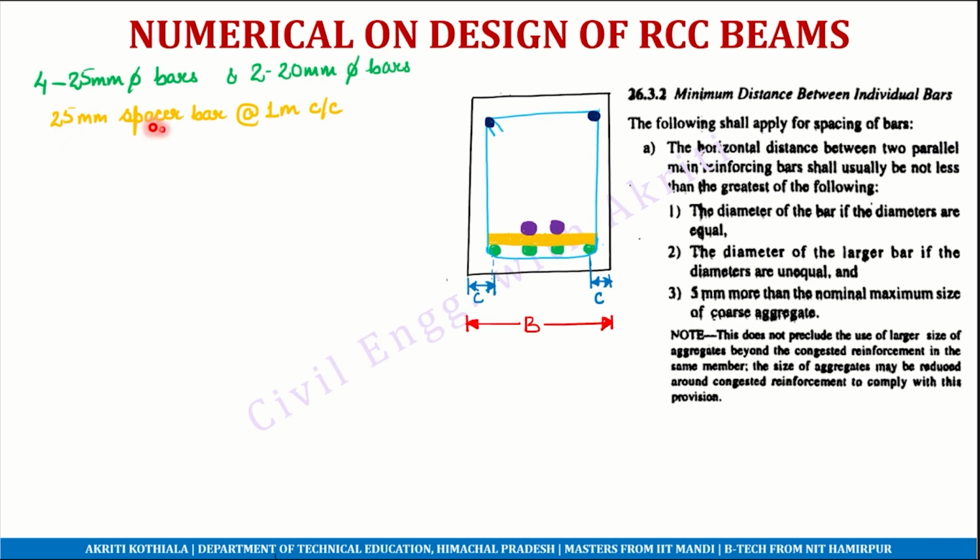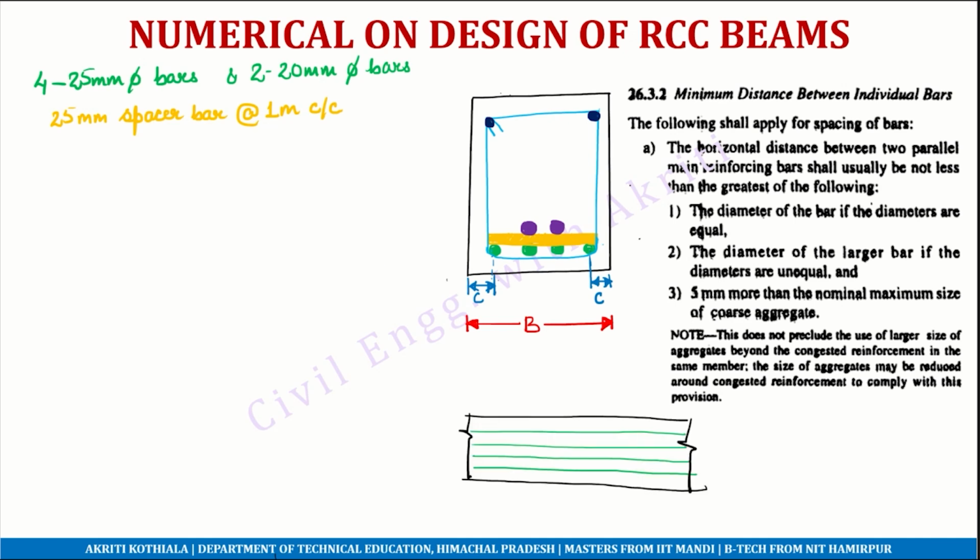A spacer bar is simply a bar which is provided so that we can provide the required bars in 2 layers, and to maintain that constant distance between this 20 mm diameter bar and this 25 mm diameter bar, we provide a horizontal bar called the spacer bar, and it will be provided after every 1 meter.